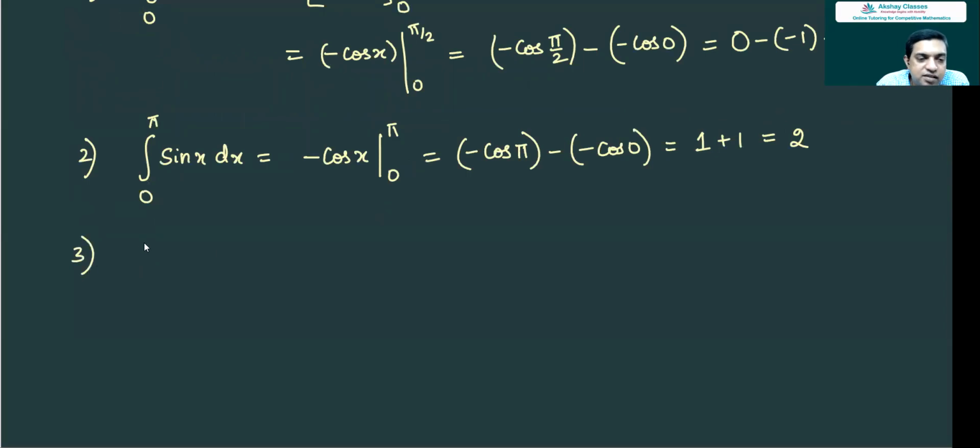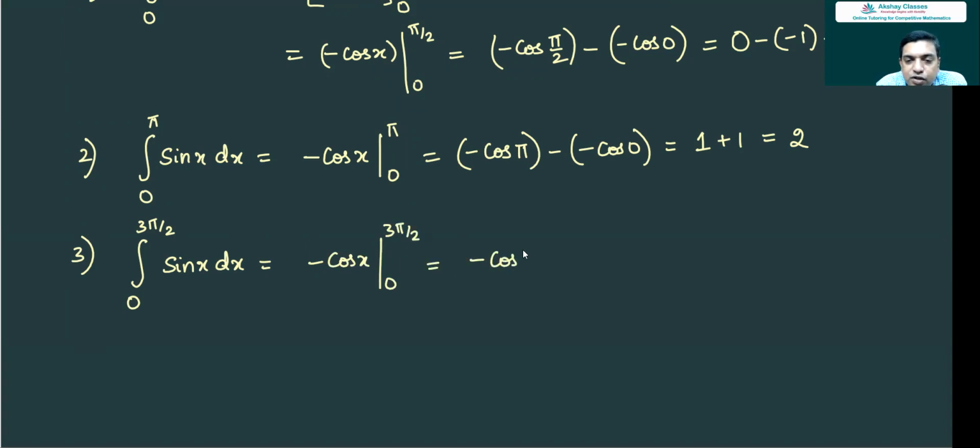Now look at this. Integral 0 to 3 pi by 2 sin x dx. Minus cos x from 0 to 3 pi by 2.